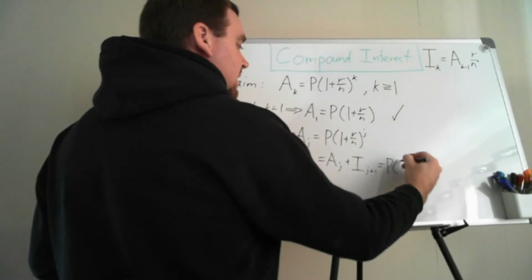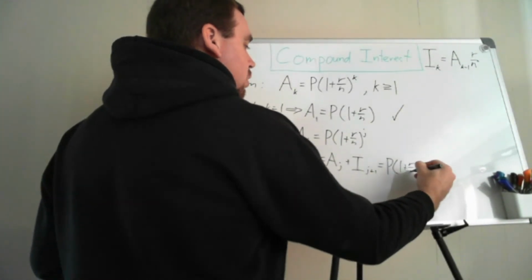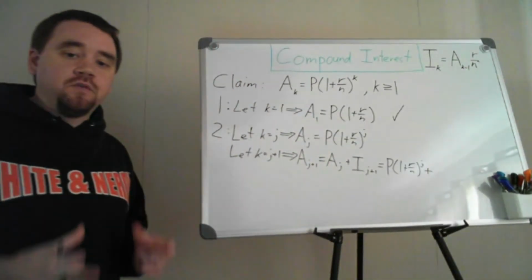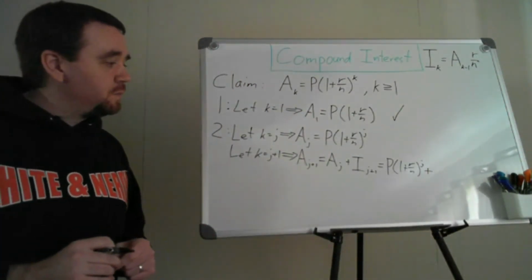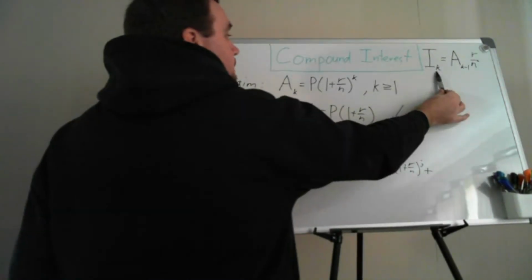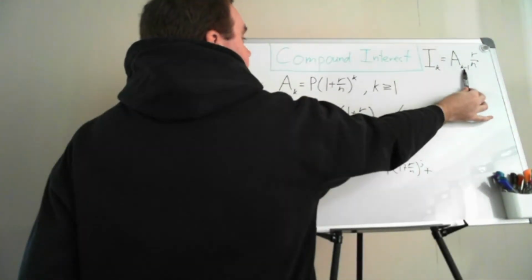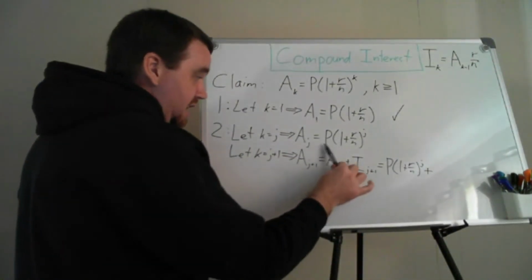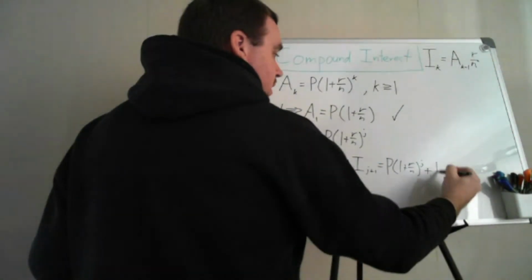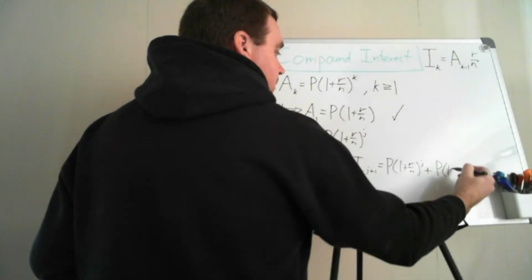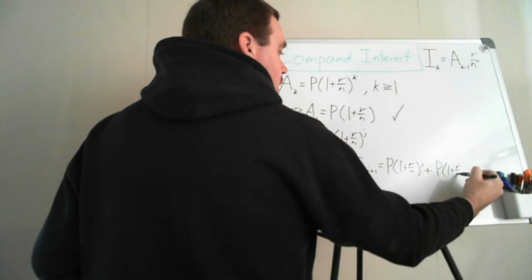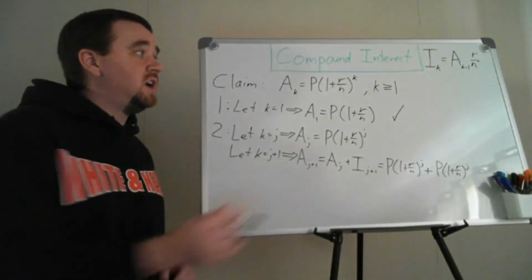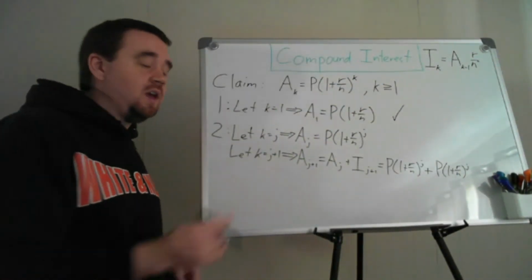We get P times 1 plus R over N to the j plus, now for I of j plus 1, we go back up to here, and we know that means that we subtract 1 from j plus 1 to get j, so we do A sub j, which again is just P times 1 plus R over N to the j, times what's left over in our I sub k, well that's R over N.